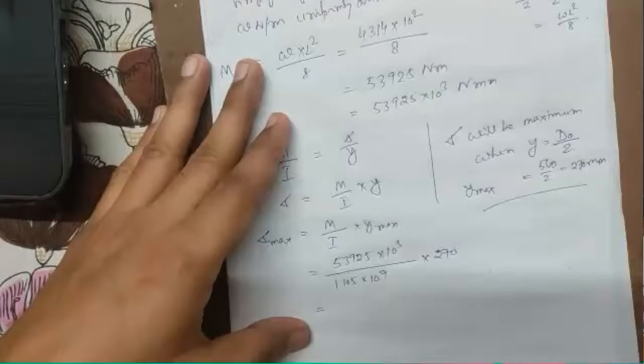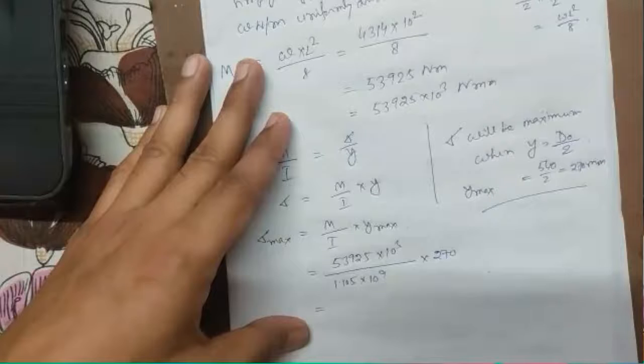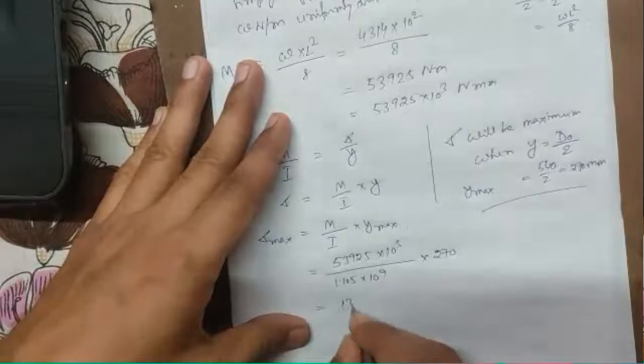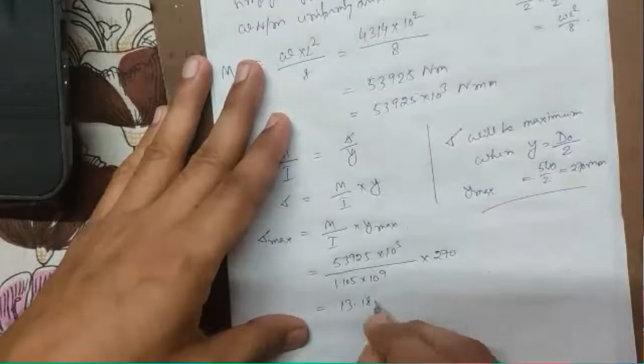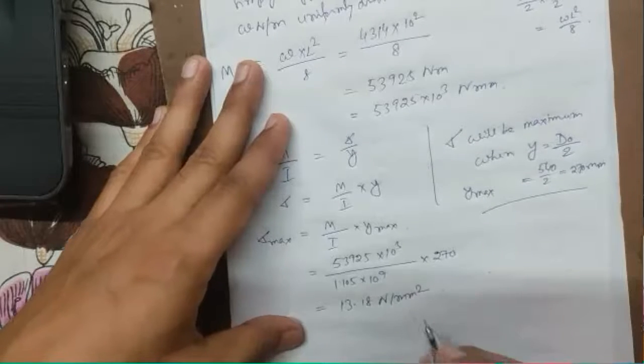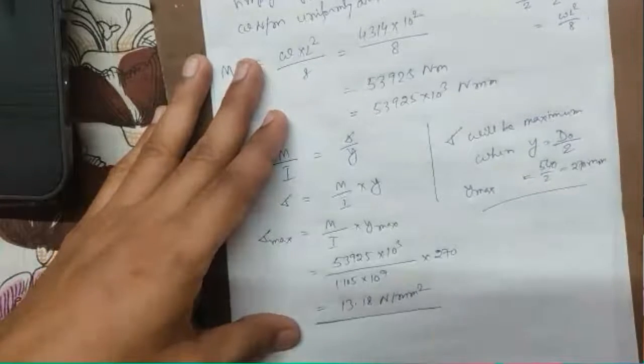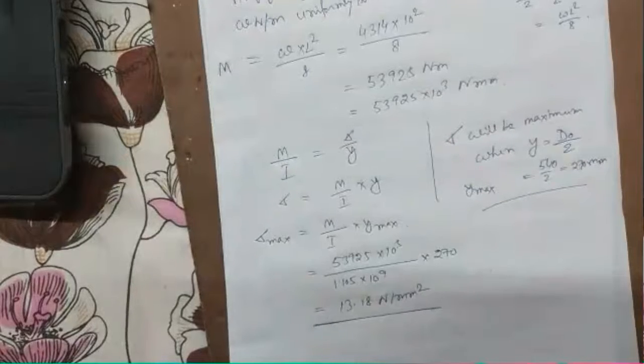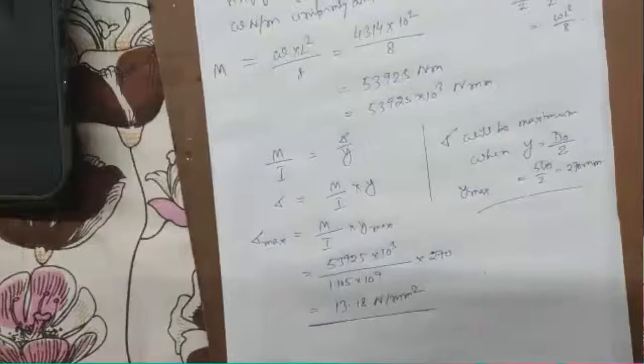By putting these values, we will get 13.18 Newton per millimeter square. So this will be the maximum bending stress, which will be at the middle.